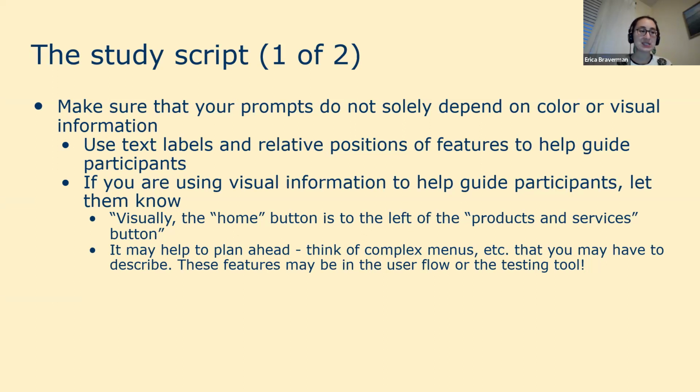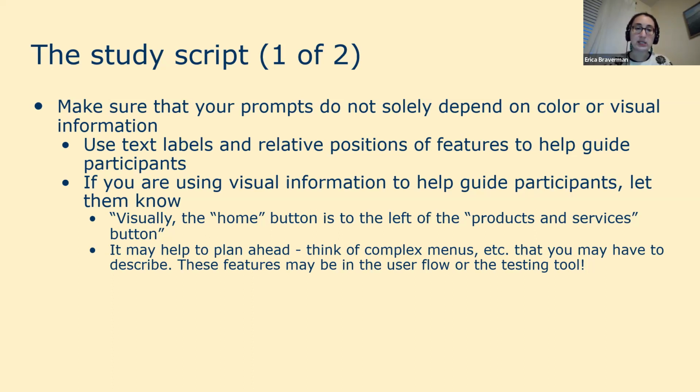But before I get to this example, if you do need to use visual information, which sometimes I do because I'm using my vision and I've got to think about what I'm doing first and then sort of translating for my participants if they're not using vision, let them know that you're going off your vision.